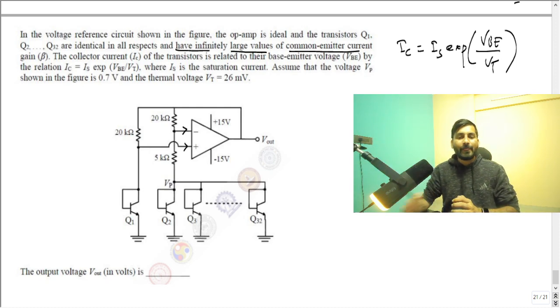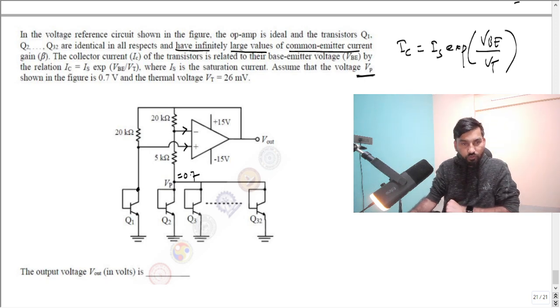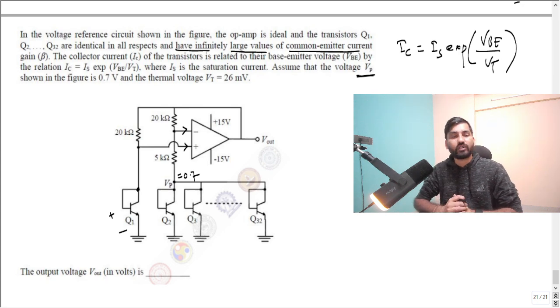One more point they have mentioned is this VP, at transistor Q2. Then what is the voltage at the very first transistor?